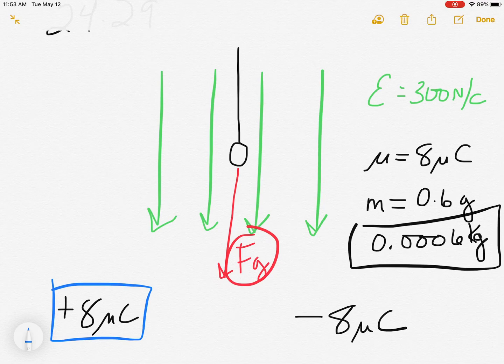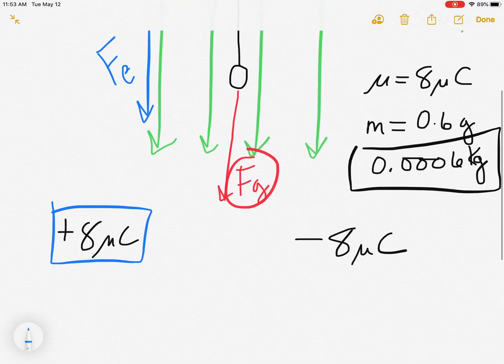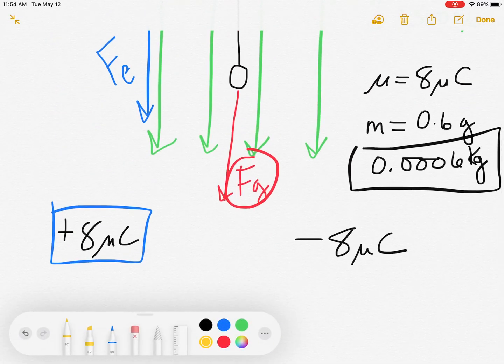okay? Now, if you have a plus 8 charge, let me just go in blue here with plus 8, then what will happen is that plus 8 will feel a force in line with the field. The field is always drawn in the direction that positive charge would sort of be forced.